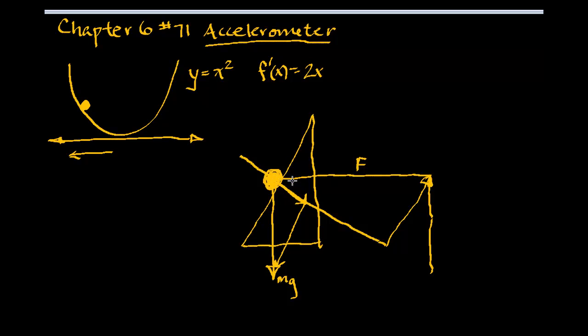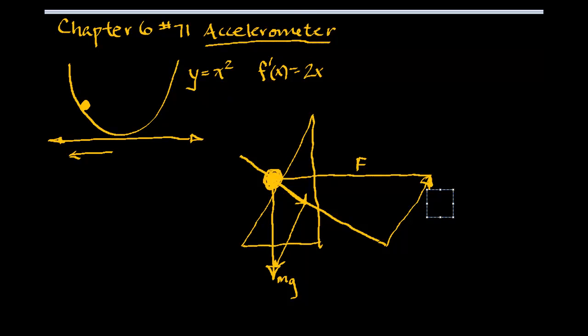So we have the acceleration going this way, and so we need a force that's exactly the opposite going that way. So that would be the component vector of the normal force. Okay. Anyway, we'll forget about that for now.